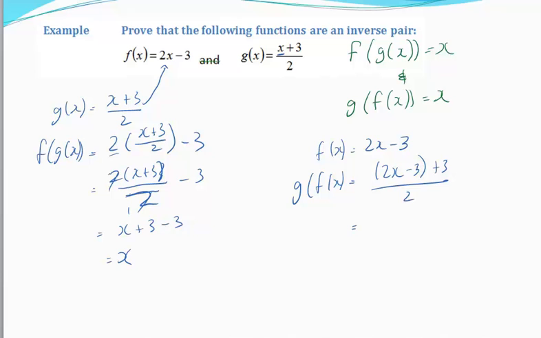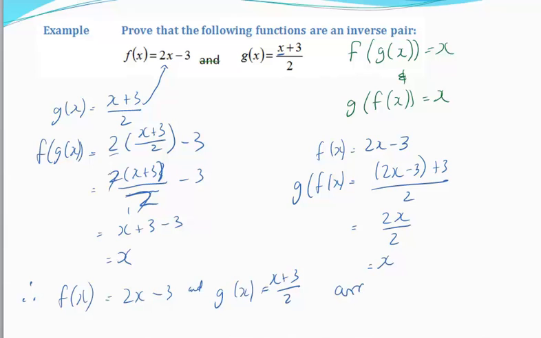Here 2x minus 3 plus 3 is just 2x. On 2, these cancel, which is equal to x. So we can prove that these two functions are an inverse pair.